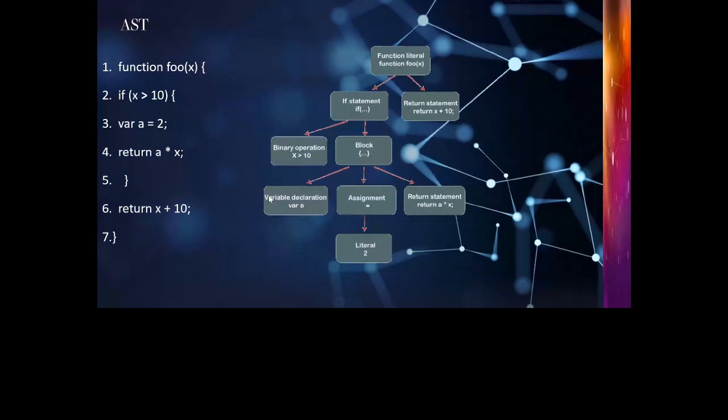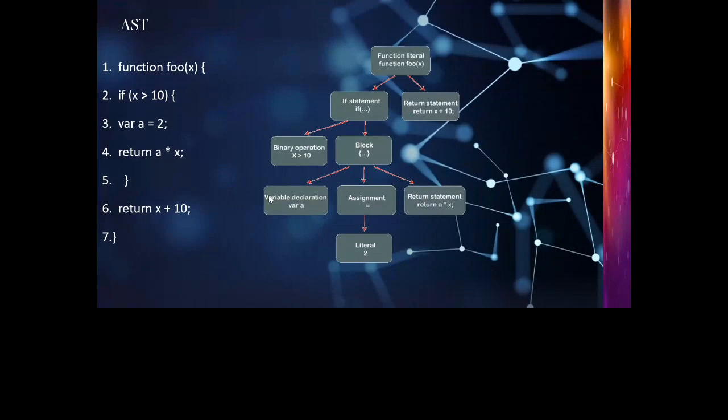In that if statement we have var and a return statement. So we can see there is a conditional check for x greater than 10 and the block. Now again in the block section we have variable declaration, assignment, and return. This is how, after the error detection, the AST is formed.